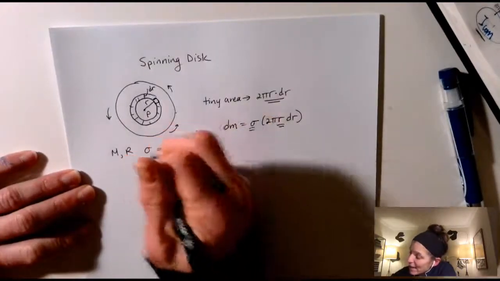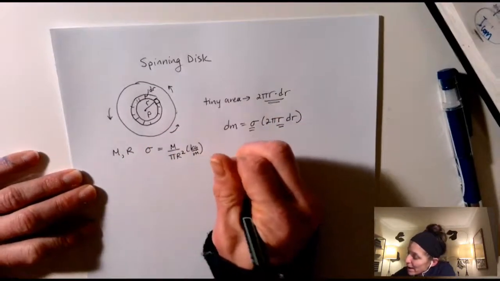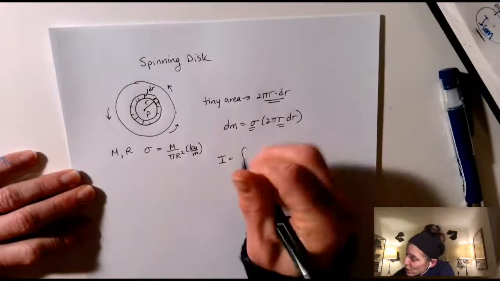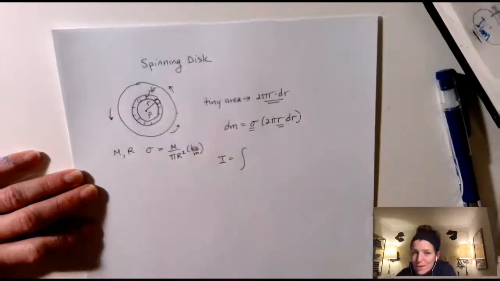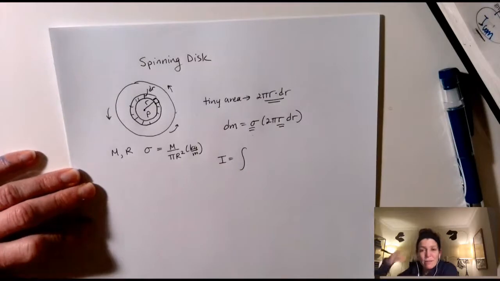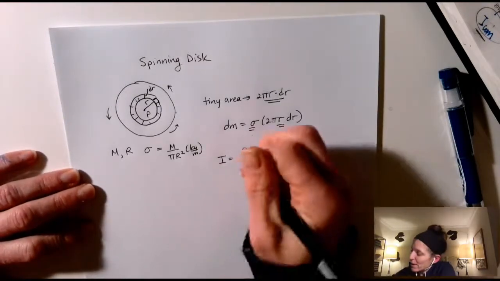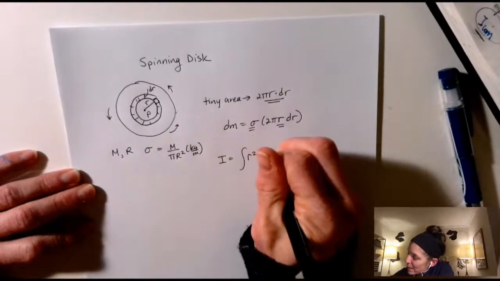Now I can do my integral. I is going to be the integral over that whole object of r squared dm.